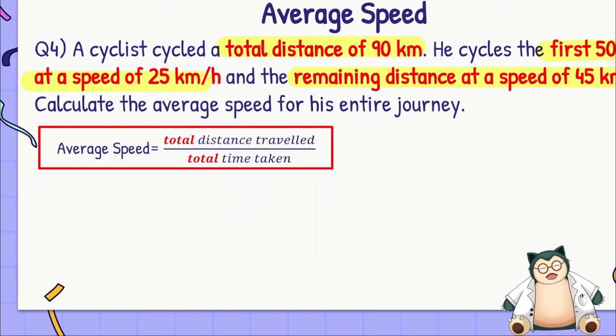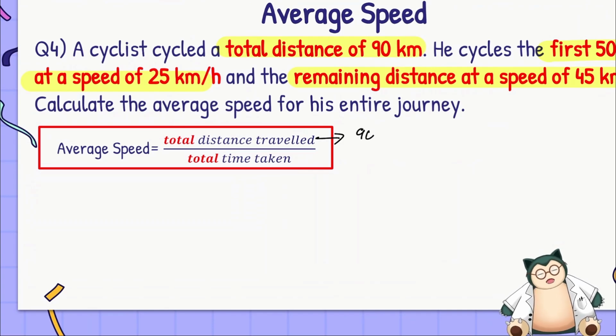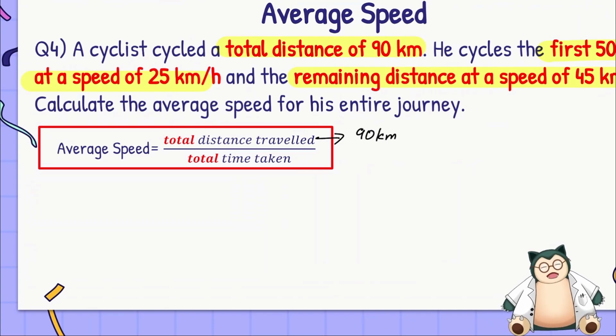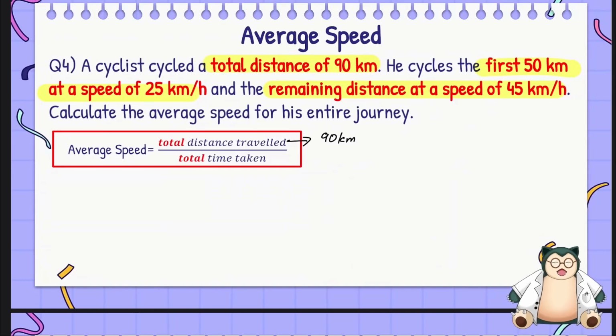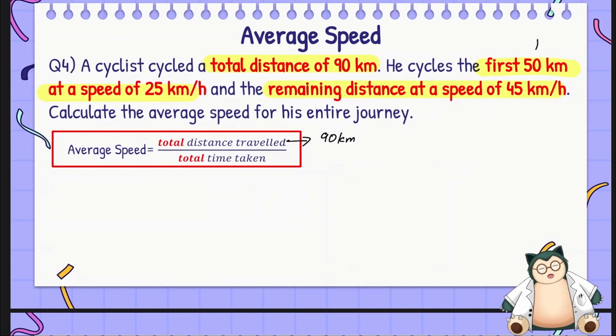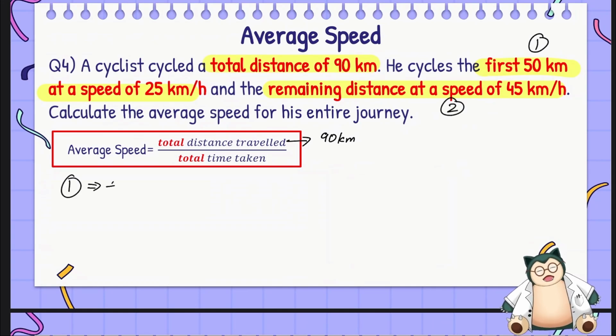So let's look at our total distance first. Just nice, the question has given you the total distance: 90 kilometers. However, the total time taken is not given and we must find out. So we got two parts of the journey, the first part and the second part. For the first part, how do we calculate time?